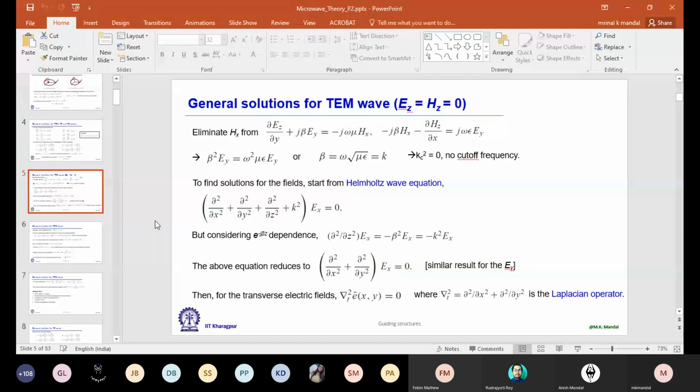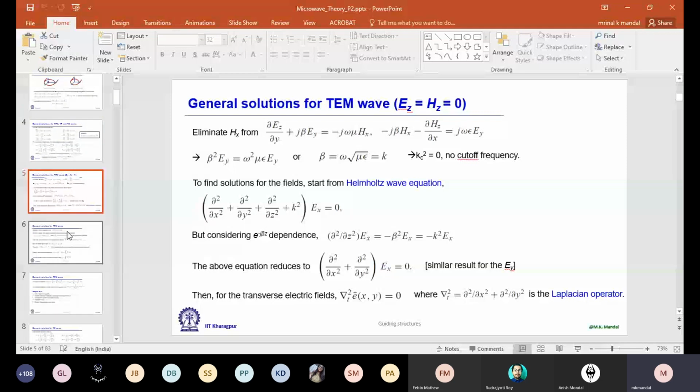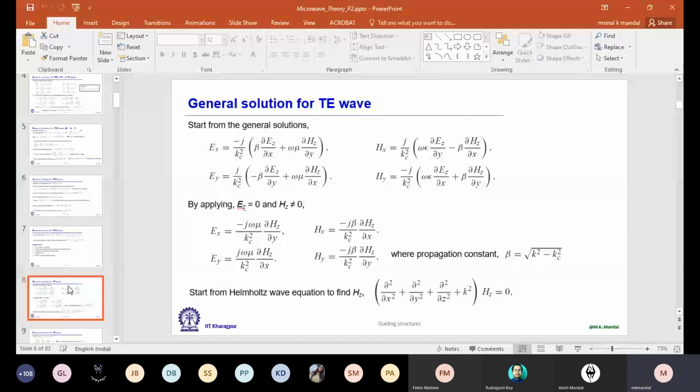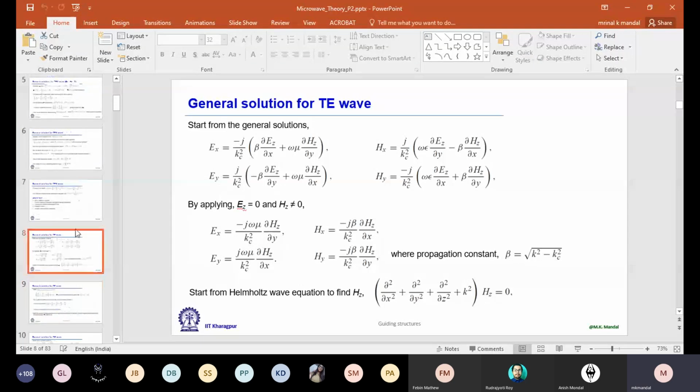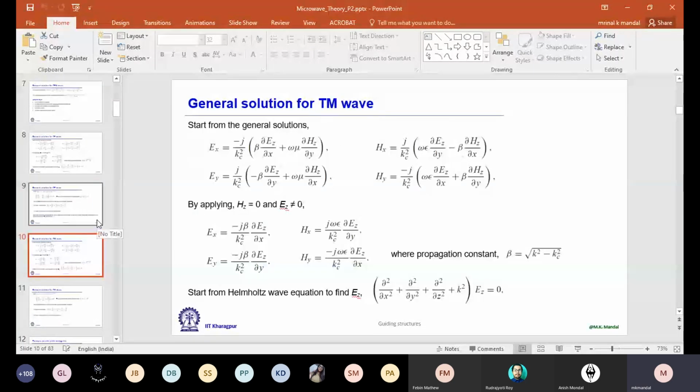Now let us consider what the possible scenarios are. There are three possible scenarios. The first one we call the transverse electromagnetic wave or TEM wave case. Then we have the transverse electric or TE case, and the transverse magnetic or TM case.